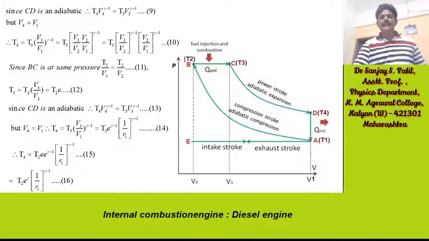Since CD is adiabatic, therefore T4 V4^(gamma−1) = T3 V3^(gamma−1). This is equation 9. But V4 is equal to V1.